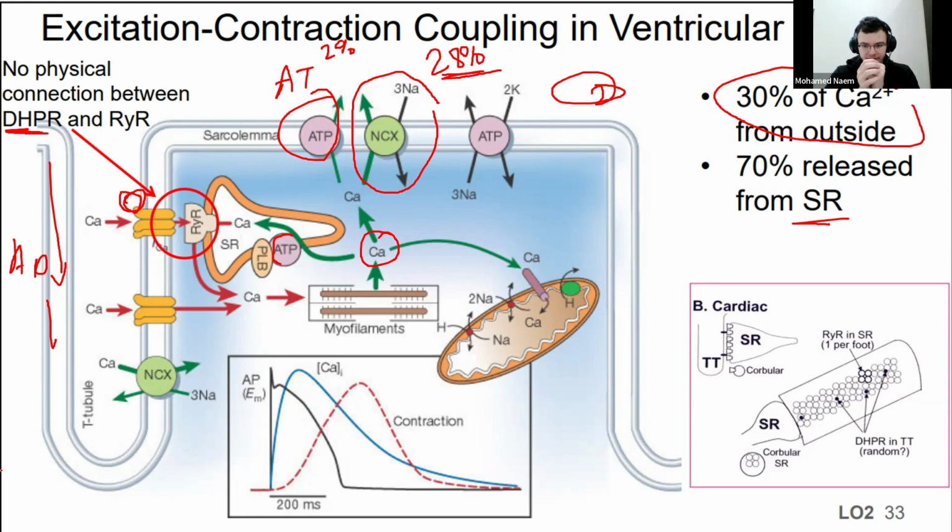Is this clear? So when we want the circuit to pump the calcium back to the SR, the phospholambins detach from the circuit, so the circuit can go back to working again.